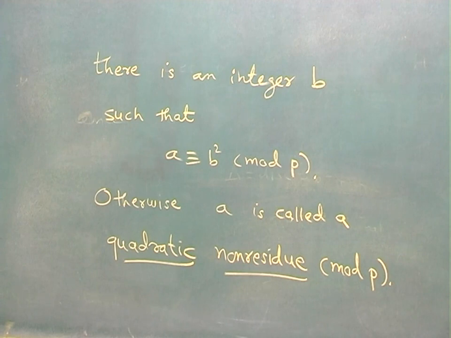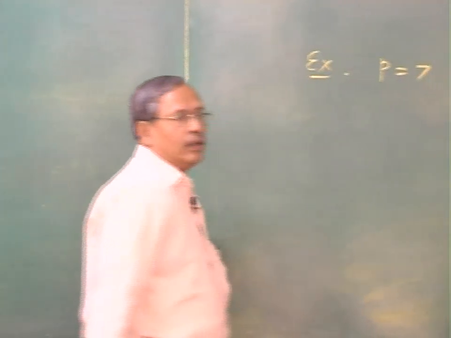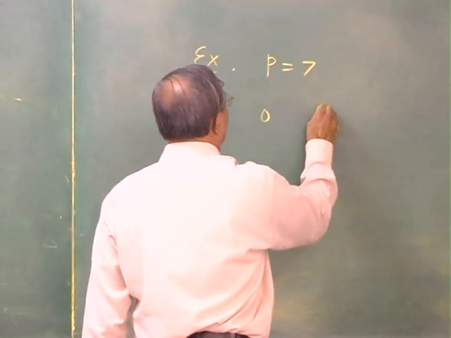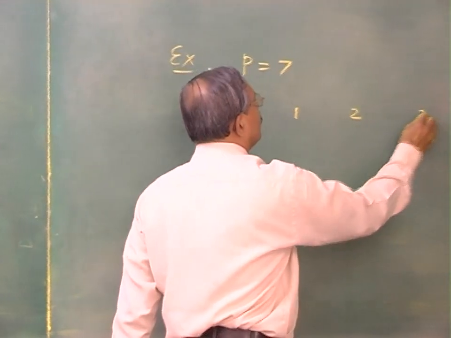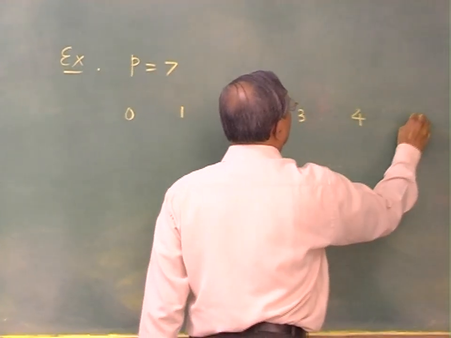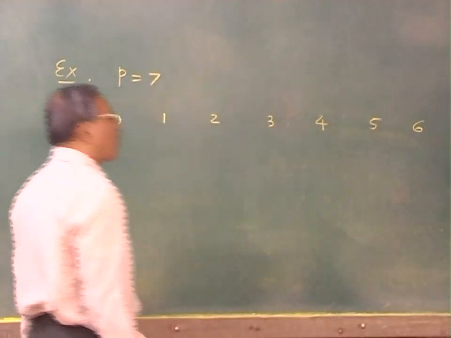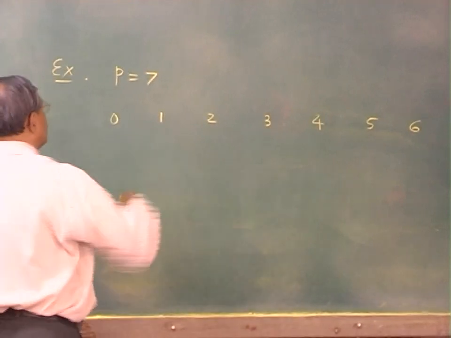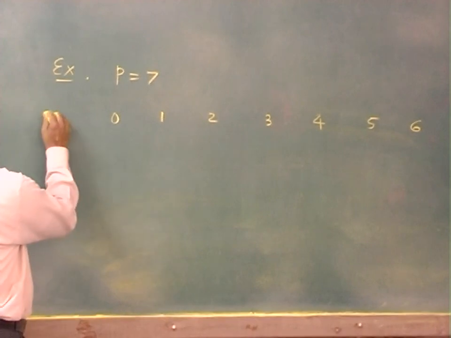For a specific prime, we can find out the quadratic residues and non-residues directly. For example, take p equal to 7. Take a complete residue system like 0, 1, 2, 3, 4, 5 and 6.